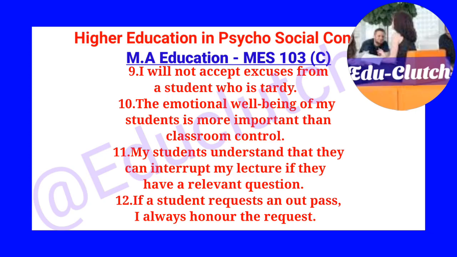So for all these 12 statements separately you give your opinion, based on the 5 scoring levels only: first strongly agree, second agree, third neutral, fourth disagree, and fifth strongly disagree. Accordingly you mention your own remark according to your own experiences, or otherwise your own imagination.